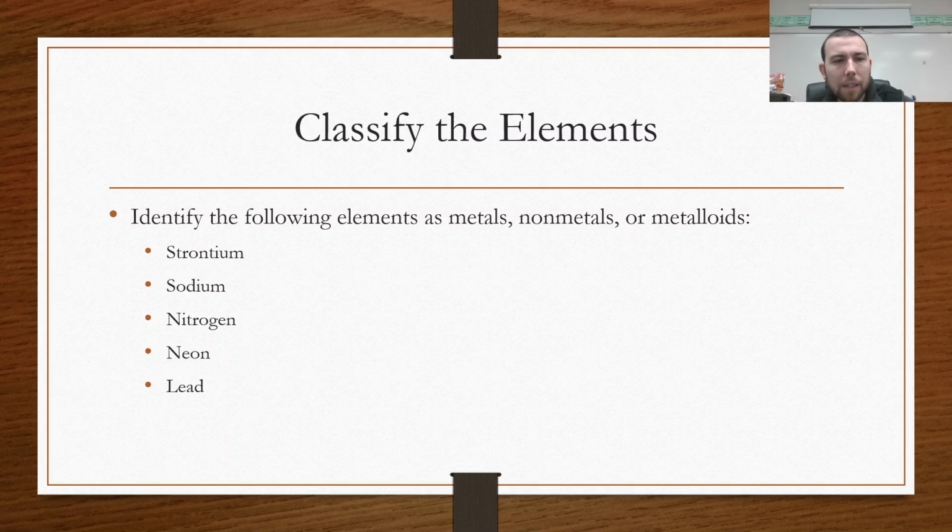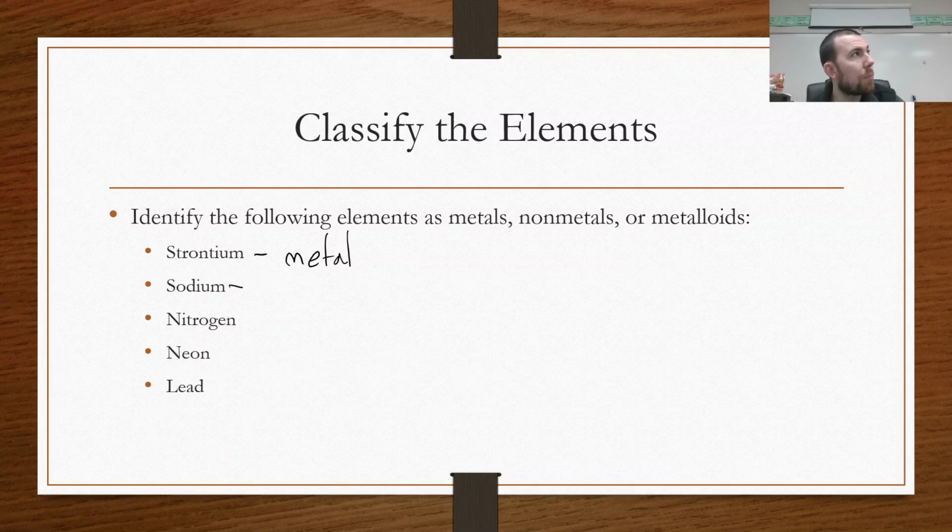Okay? All right. So hopefully you paused the video and you wrote down your answers, right? And so we need to be able to find each of these elements. So strontium is element number 38. It's in column 2. So that means that strontium is a metal, right?